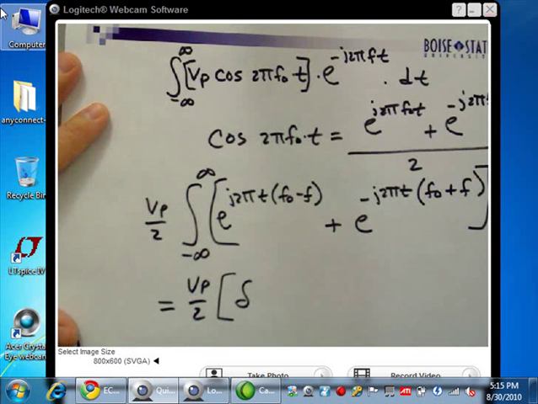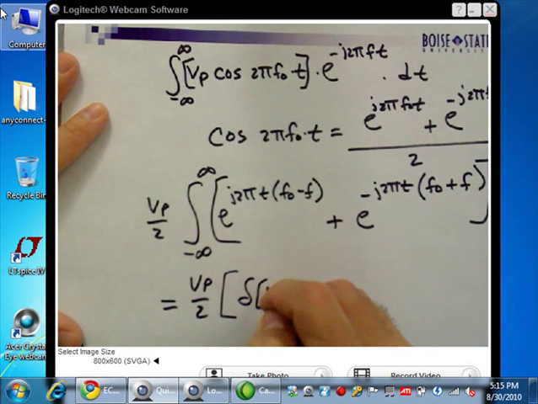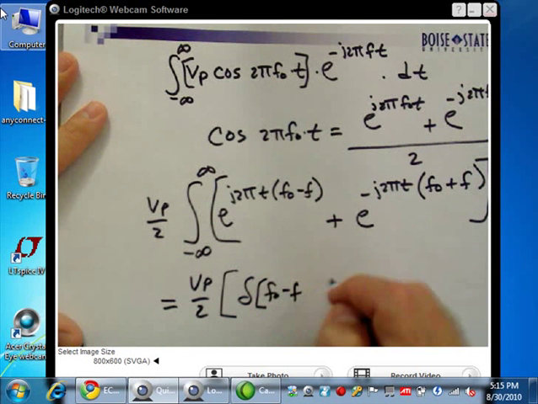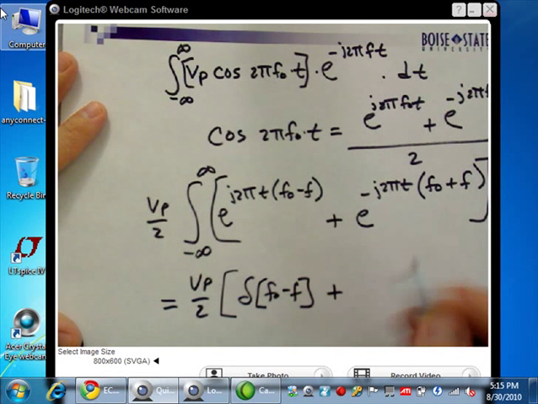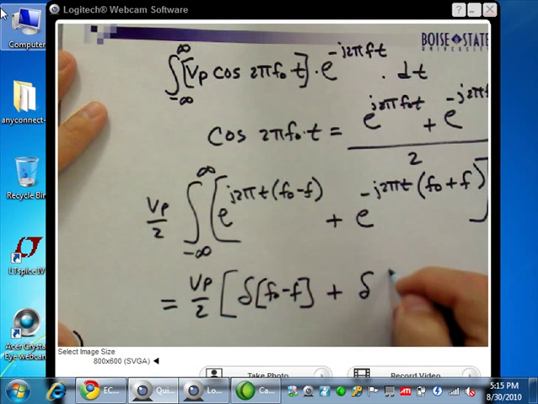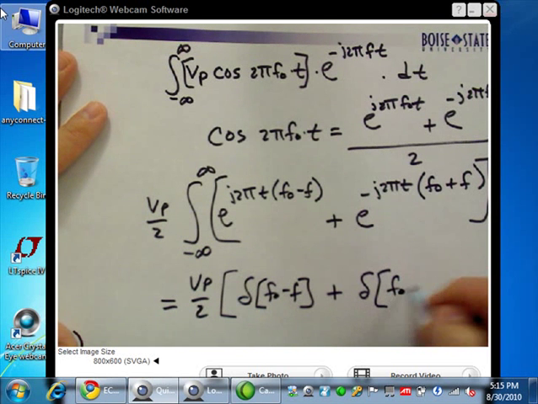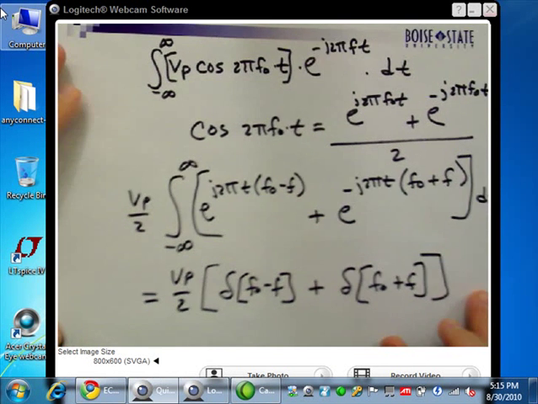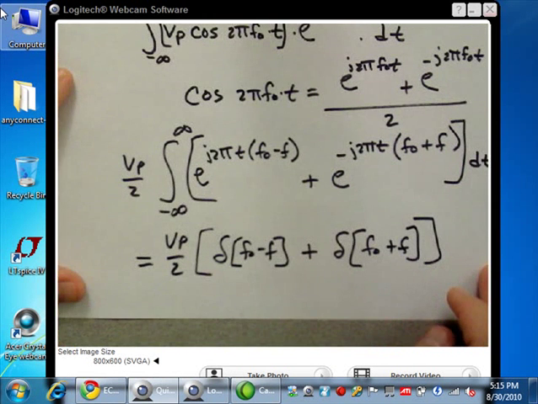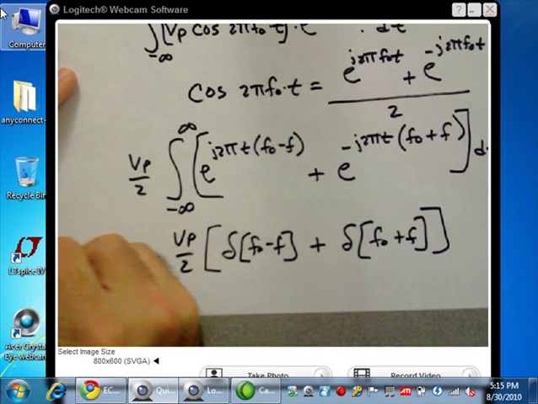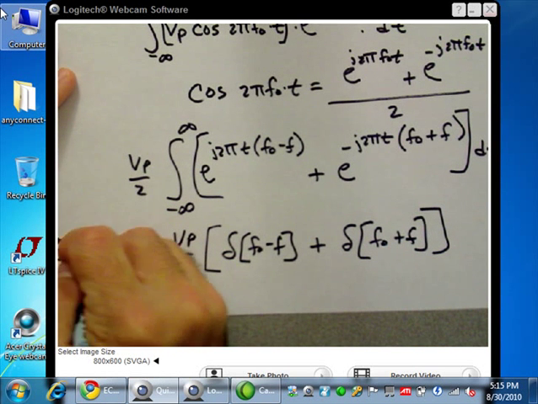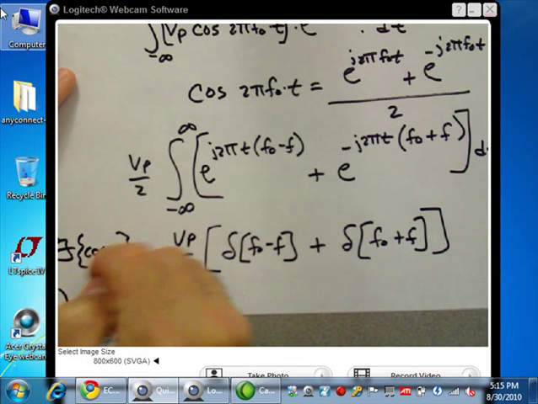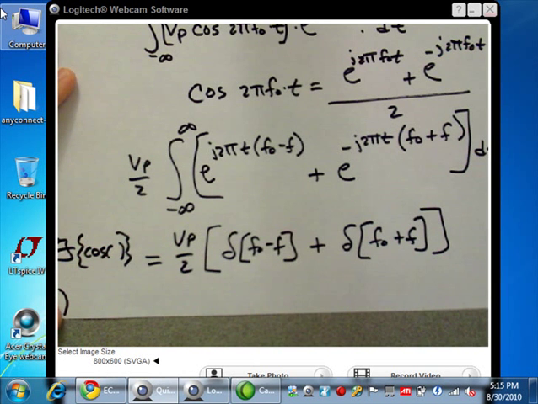Okay. So del f0 minus f plus this one, del f0 plus f. There's my spectrum. This is the Fourier transform of the cosine signal. Let's plot it. Are there any questions?